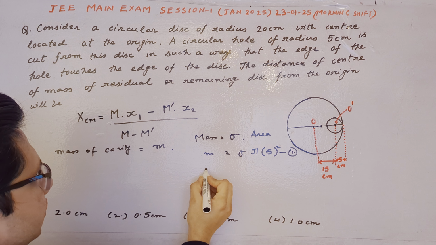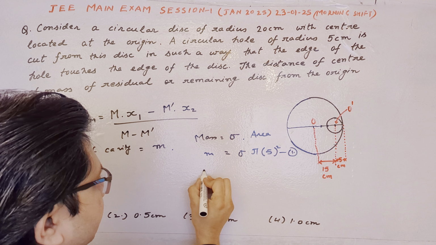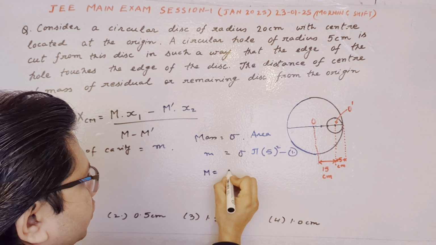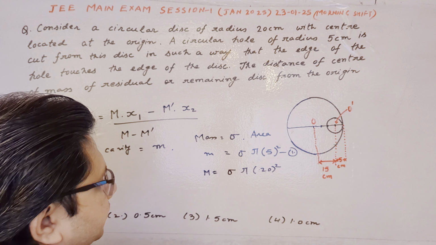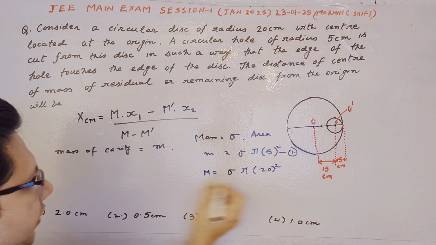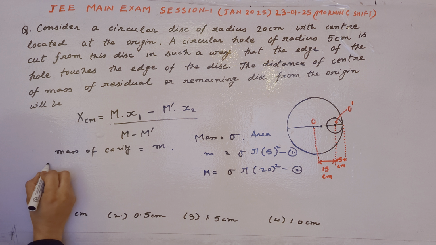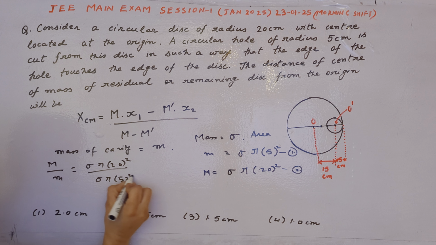Similarly, the mass of the whole disc is capital M equals sigma pi 20 square, because the radius of the whole disc is 20. Now dividing equation 2 by equation 1, we get capital M upon small m is equal to sigma pi 20 square upon sigma pi 5 square.